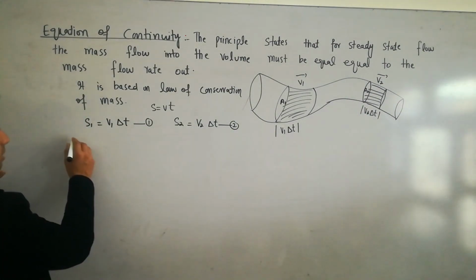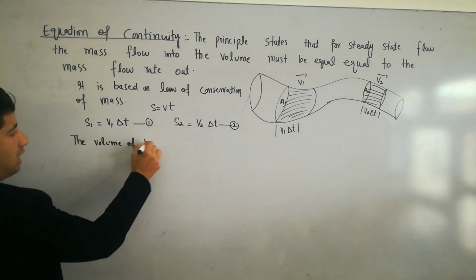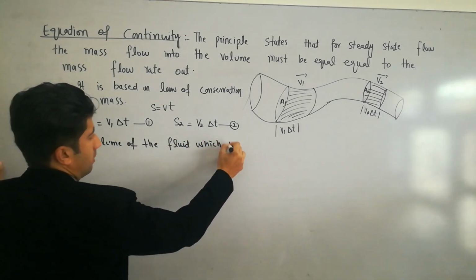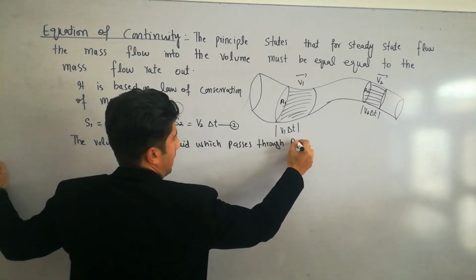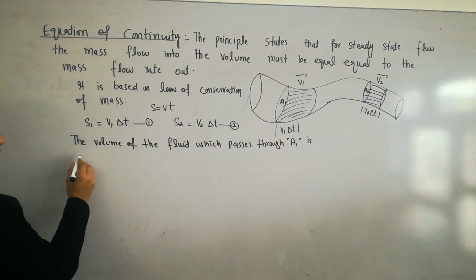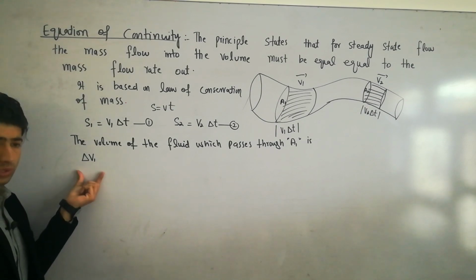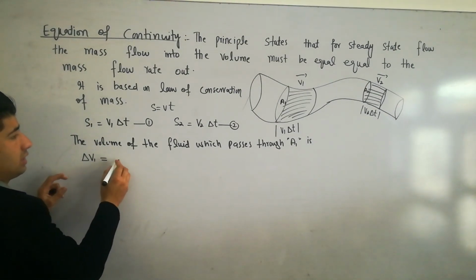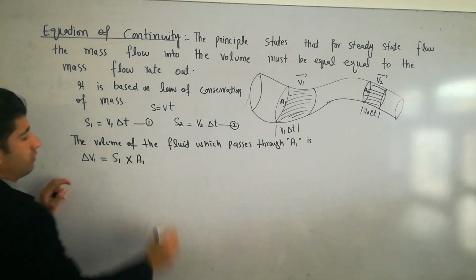Now the volume of the fluid which passes through A1: if delta V1 is the volume of the fluid which passes through area A1, it is equal to S1 multiplied by A1.